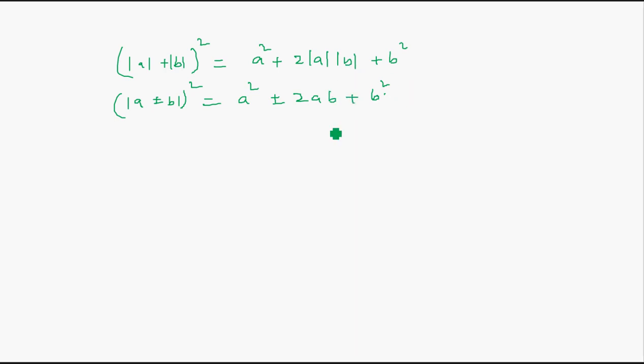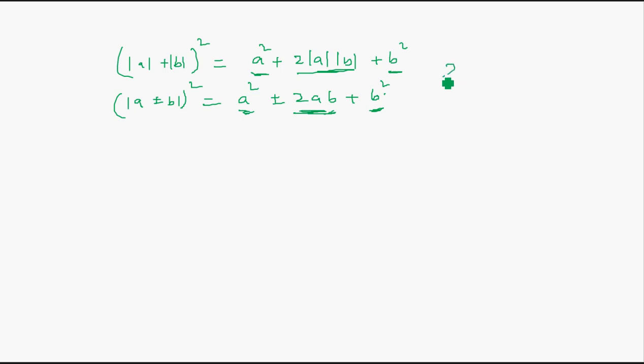Now when you see these two equations, you can see a square is common, b square is common. The only things that are different are 2 mod a mod b, and 2ab, right?